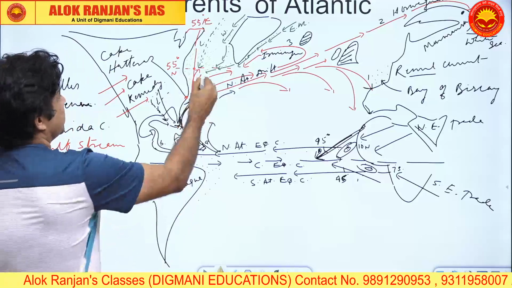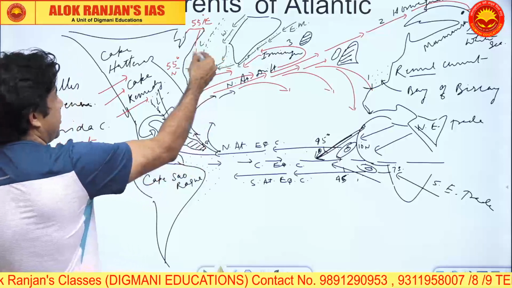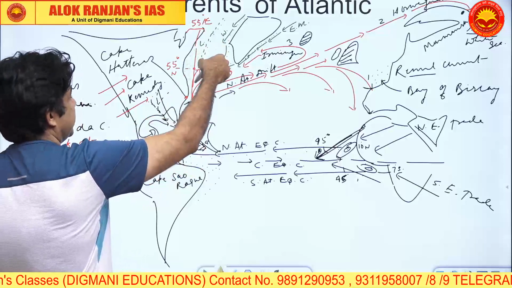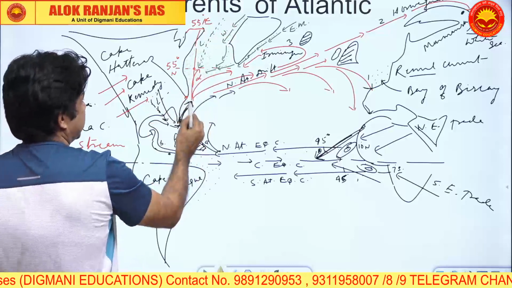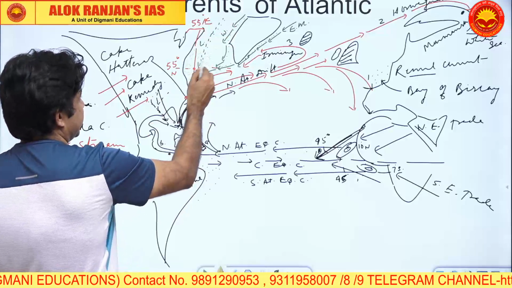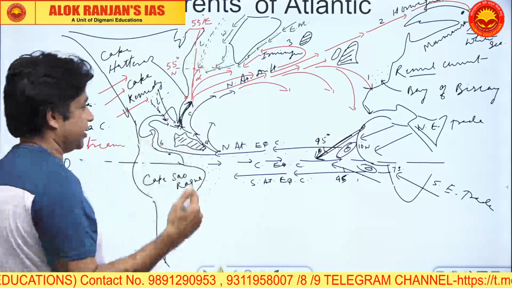So this entire zone will become a fishing belt. I will talk about these fishing belts where the Labrador cold current and the Gulf Stream are meeting. This makes a Langmuir circulation.